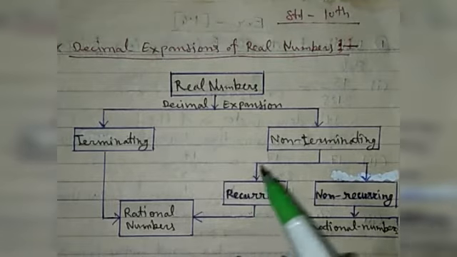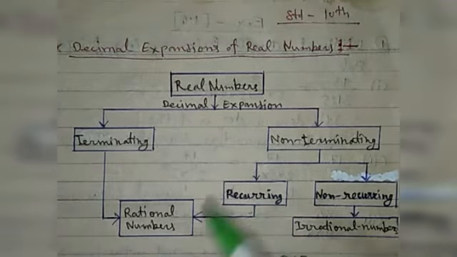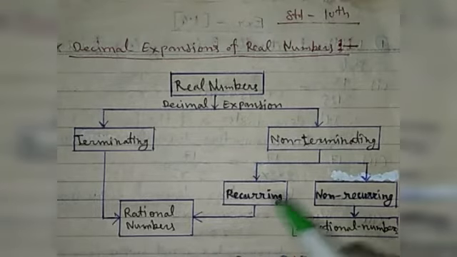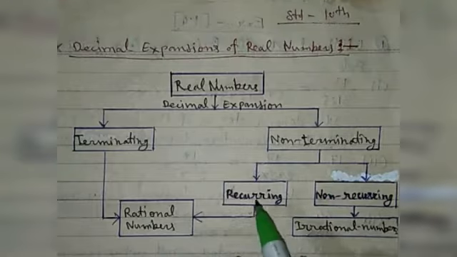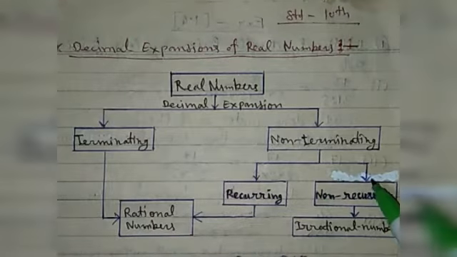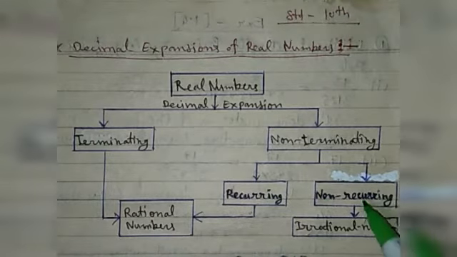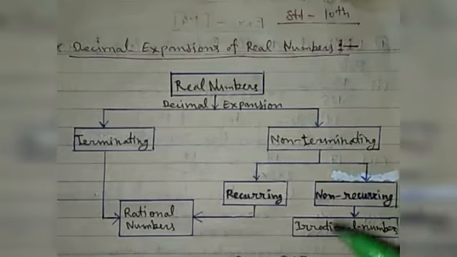Recurring means some digits are repeating in a fashion, in a group. But in non-recurring, digits are not repeating in a fashion or in a group. They appear randomly.